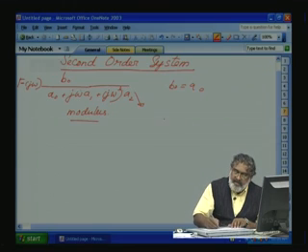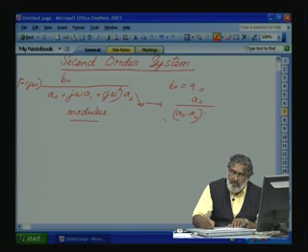This we can write as A0 divided by A0 minus A2 omega square plus j omega A1.